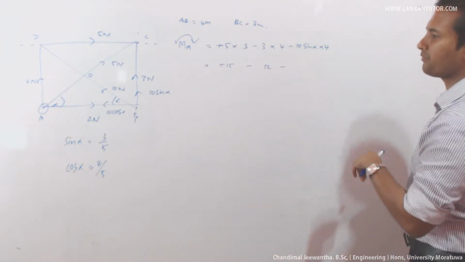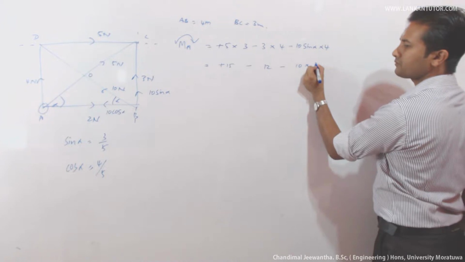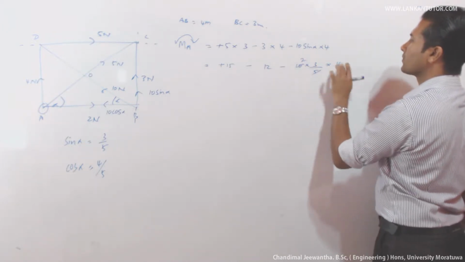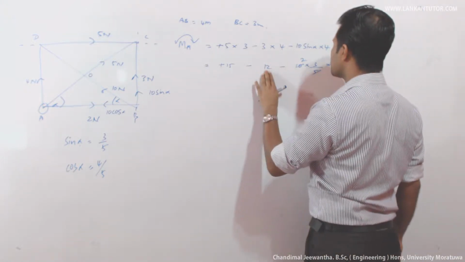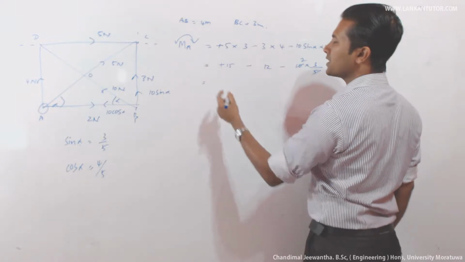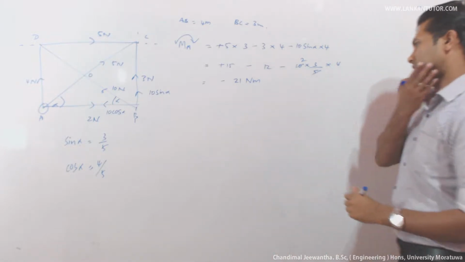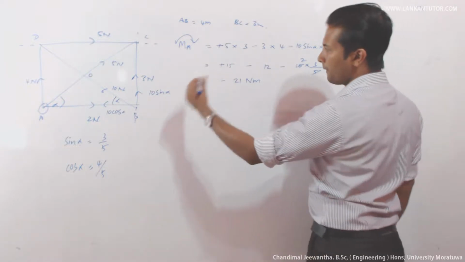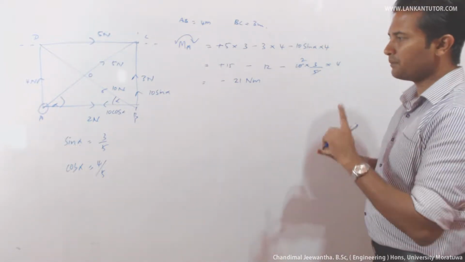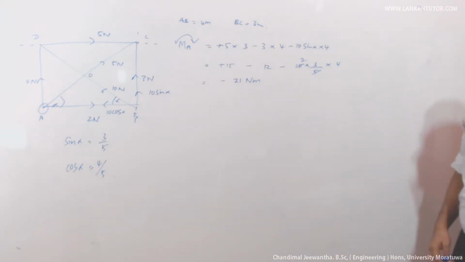If sin alpha equals 3 divided by 5, then minus 24, so minus 36, minus 15, equals minus 21 Newton meters. Likewise, you can find MA, MB, MC, MD and MO. This is the way of finding moment around a given point.